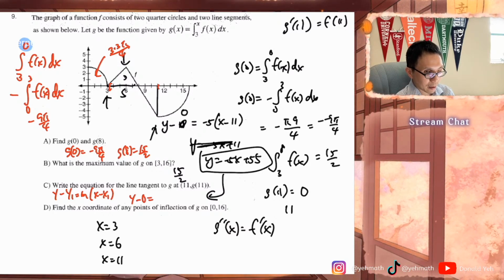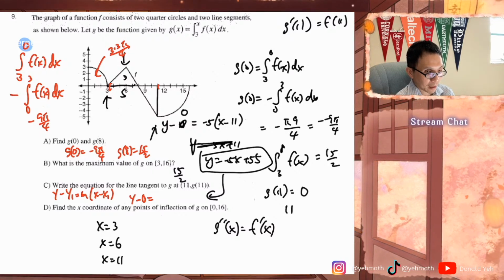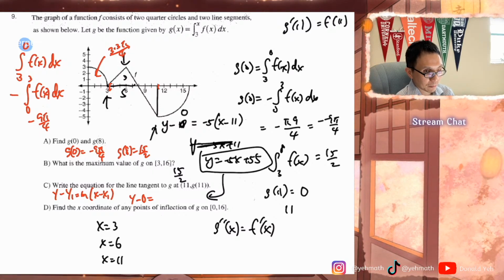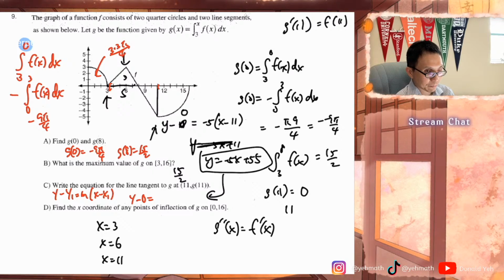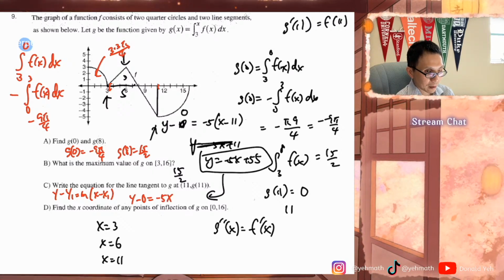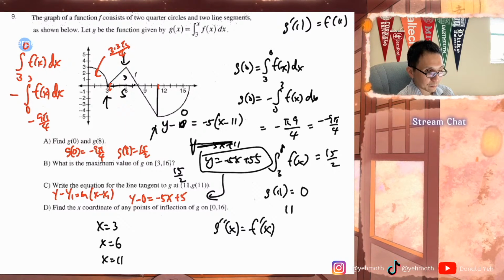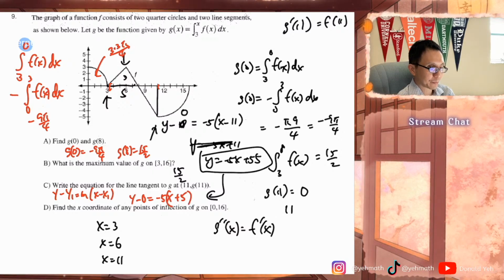That's 0 equal to m, which is g prime of 11. And g prime of 11 seems like it is, what is that? I think it's negative 5x plus 5. And there's a parenthesis here.